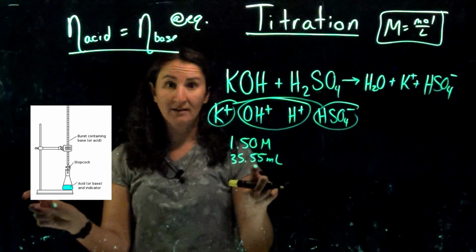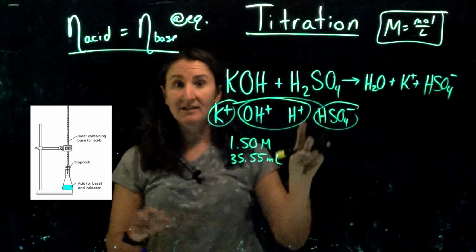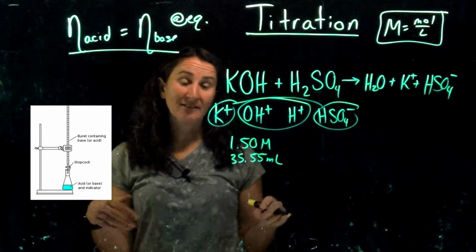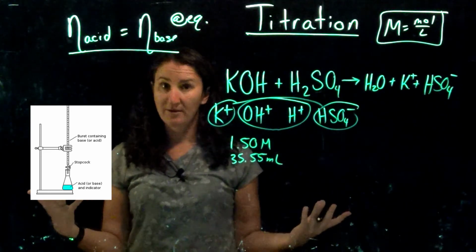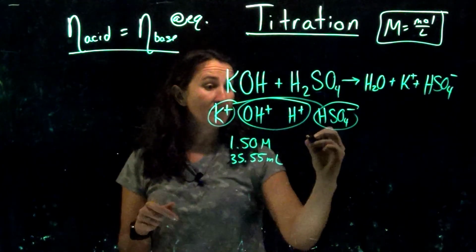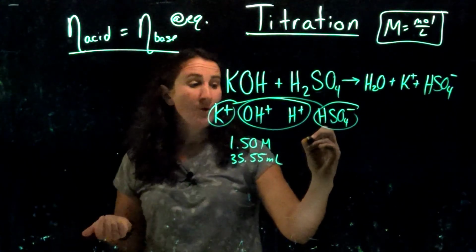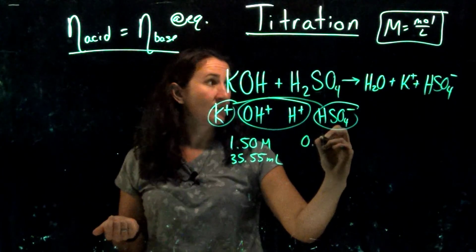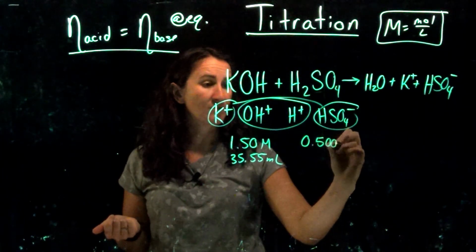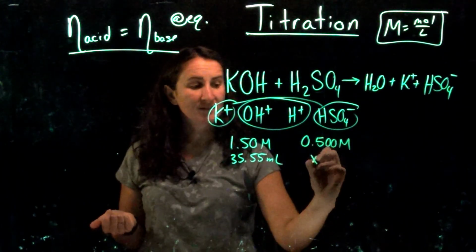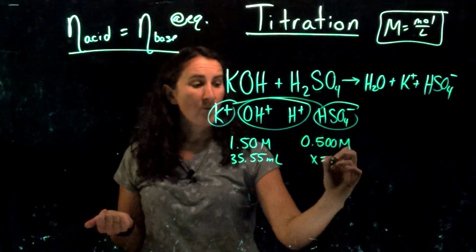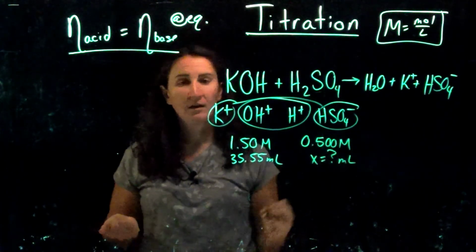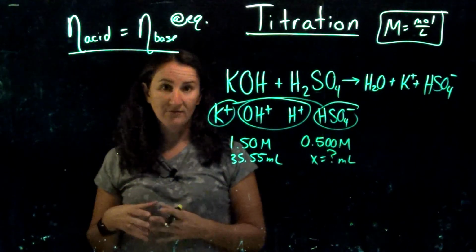It's what's in our burette. Whereas sulfuric acid is going to be in our Erlenmeyer flask, and it's the thing we're trying to find something out about. So what do we know about it? This time, instead of knowing the volume, we know its molarity. So we know it's 0.0500 molar, and we're asking the question of what volume do we have within our Erlenmeyer flask?